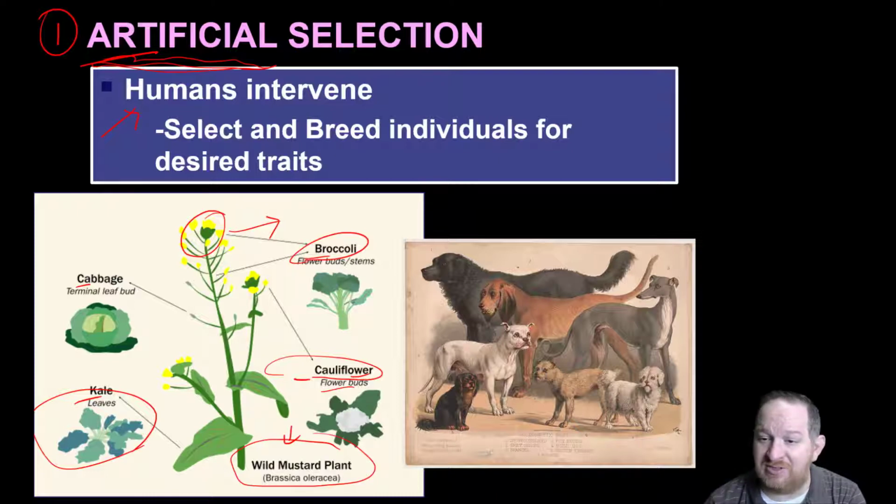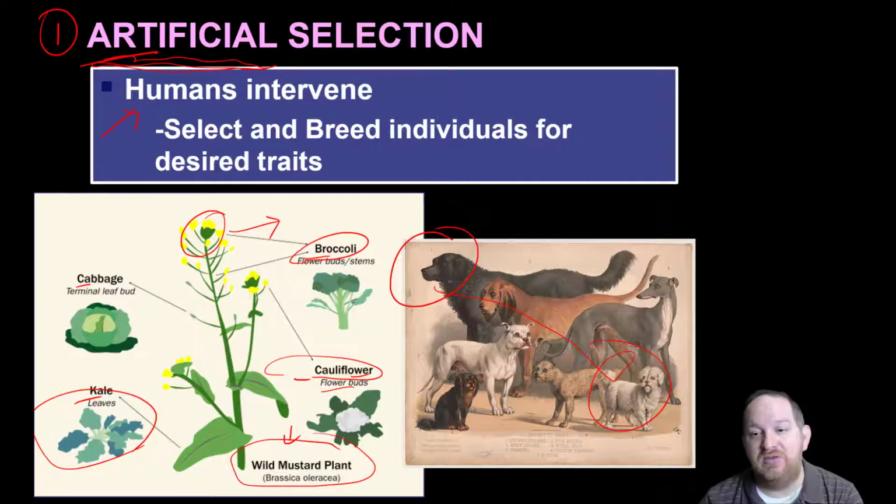Also think about all the different breeds of dogs. You can have a big dog like we see here, and that dog can mate with one of these tiny dogs and give us some sort of hybrid. We often call these mutts, often some of the best dogs in my opinion. But what you see here is that humans have intervened in the selection.